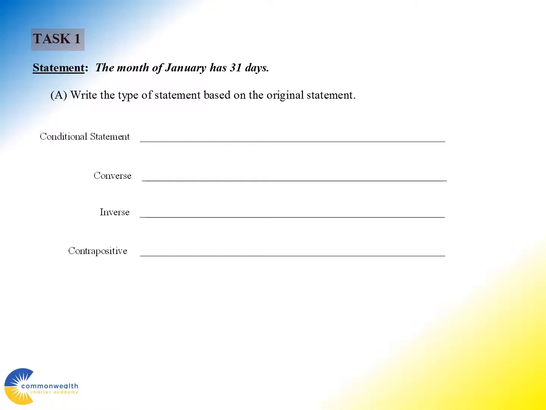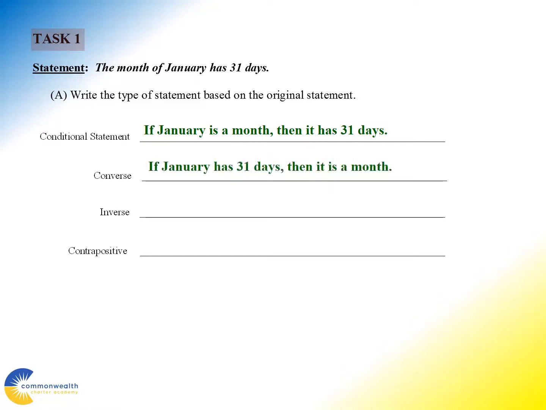They'll say, if January is a month, then it has 31 days. Not necessarily a wrong statement, kind of clumsily stated, but there is an issue with it as we go along. If I go to the converse, if January has 31 days, then it is a month.